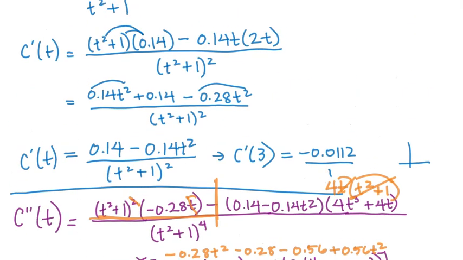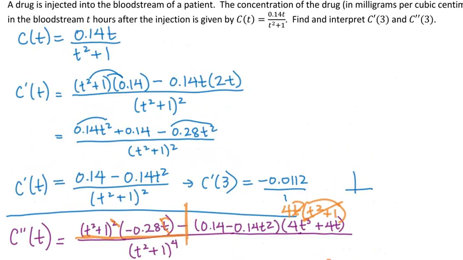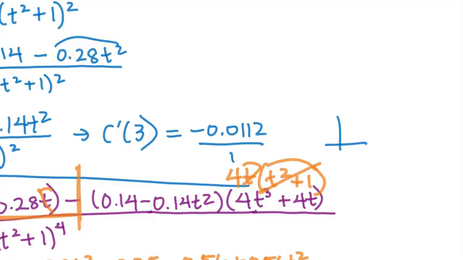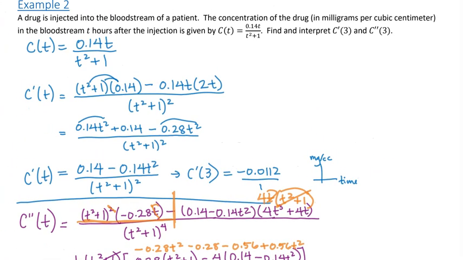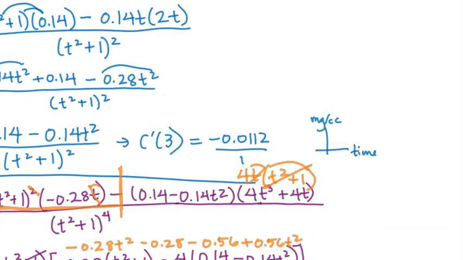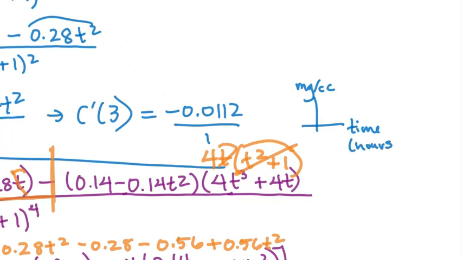Concentration. Let's go up and look at units. Milligrams per cubic centimeter as a function of time. And what were our time units? Hours. So this is change in concentration over change in time.